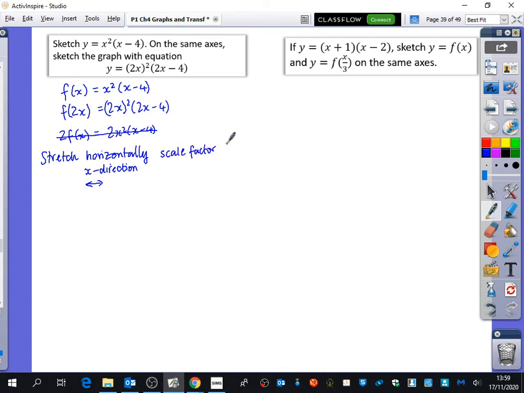And the scale factor is a half, because it's 1 divided by the 2 that we've got there. And so we are going to concentrate this time on the x or the y? What type of coordinates? X coordinates.